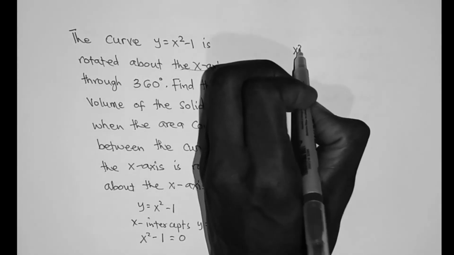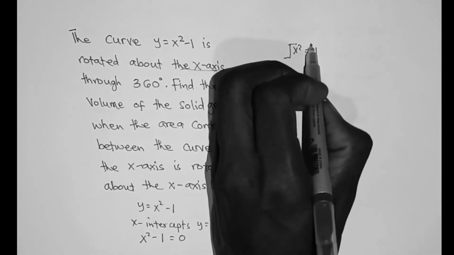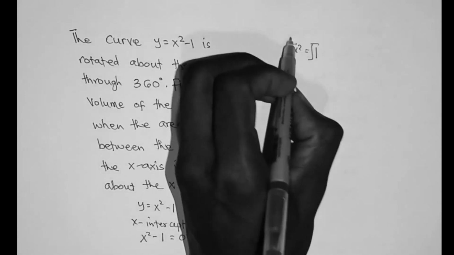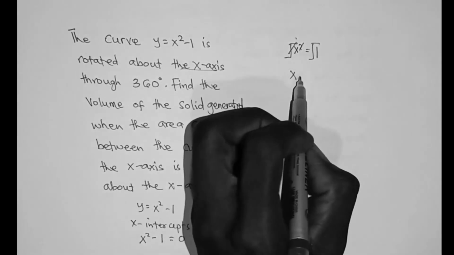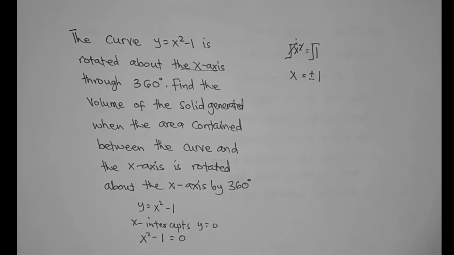So x squared is equal to 1. If we take roots on both sides, x is equal to plus or minus 1.